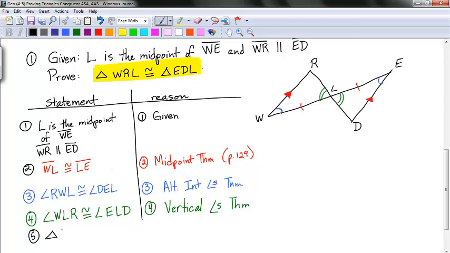So triangle WRL is congruent to triangle EDL, and the reason is angle, side, angle. And angle side angle was actually a postulate, right? Not too bad. Okay, that's the first example. Okay, let's look at another one.